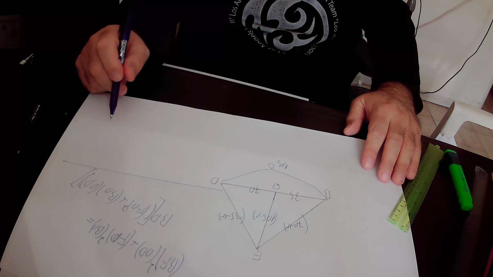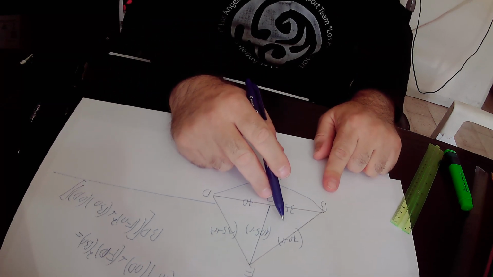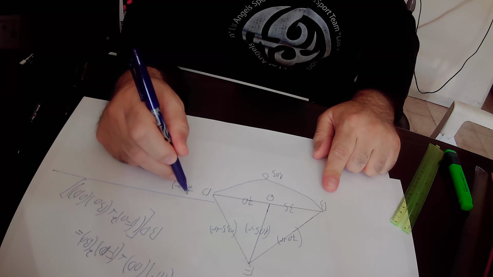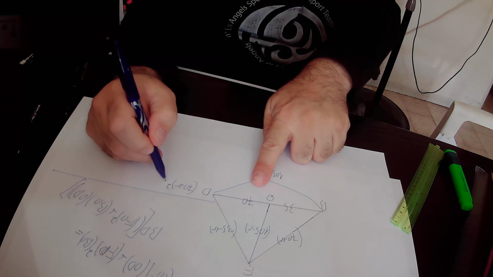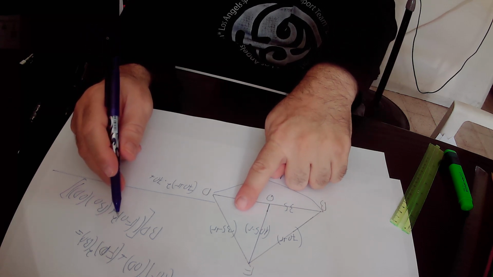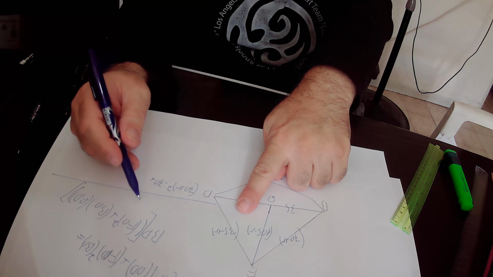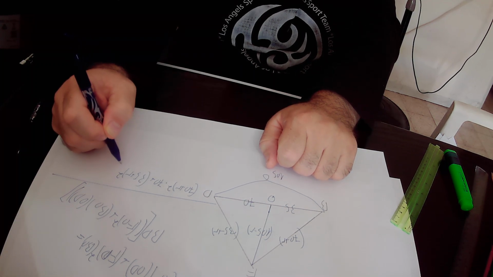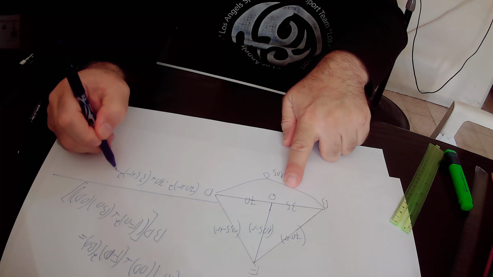So BF squared. BF is 70 plus r, therefore BF squared is (70 plus r) squared times OD. OD is 70, so we substitute OD by 70, plus FD squared. FD equals 35 plus r, therefore FD squared equals (35 plus r) squared times BO. BO is 35, so we substitute BO by 35.